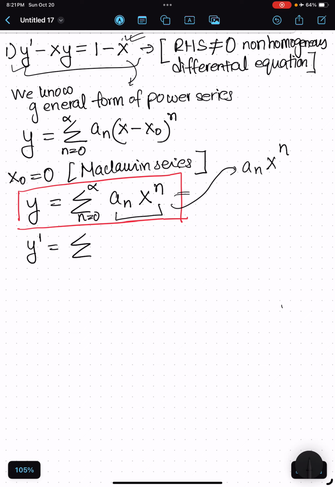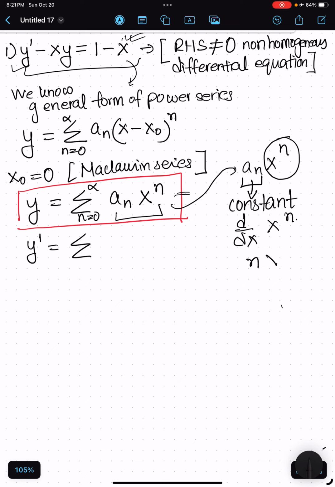As I mentioned earlier, this a sub n is basically our constant. Okay, that means I have to derive this expression right here. And by the very basic derivative rules, I know that the derivative of x to the power n is just n times x to the power n minus 1. And let's not forget the constant. So we're going to have a sub n times n x to the power n minus 1.